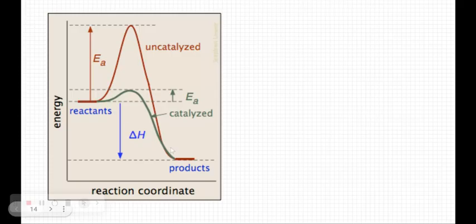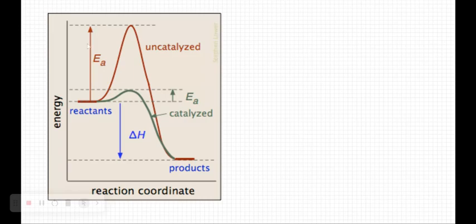So here we have an exothermic reaction where the reactants have a higher internal energy than the products. In this potential energy diagram, we've shown a curve which illustrates the activation energy.